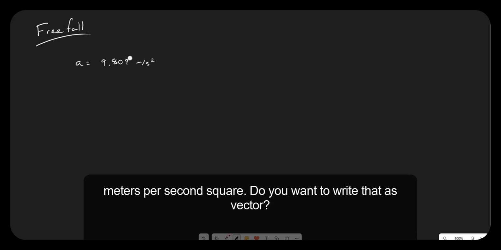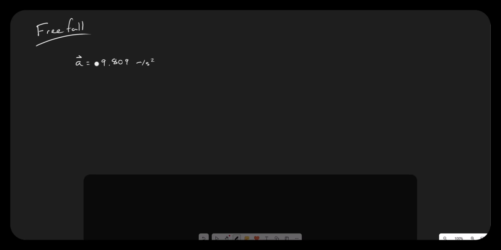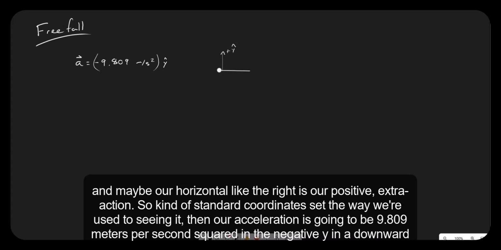meters per second squared. If we want to write that as a vector, if we say that vertically up is our positive y direction, and maybe horizontally to the right is our positive x direction, so kind of standard coordinates set the way we're used to seeing it, then our acceleration is going to be 9.809 meters per second squared in the negative y, in the downward direction.